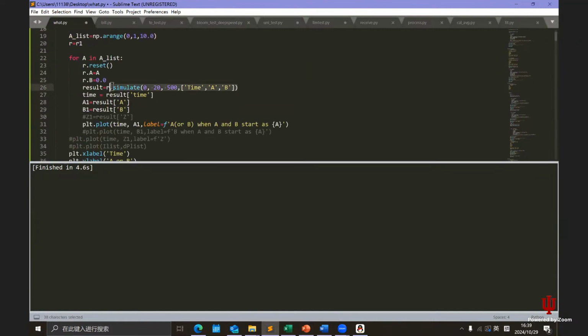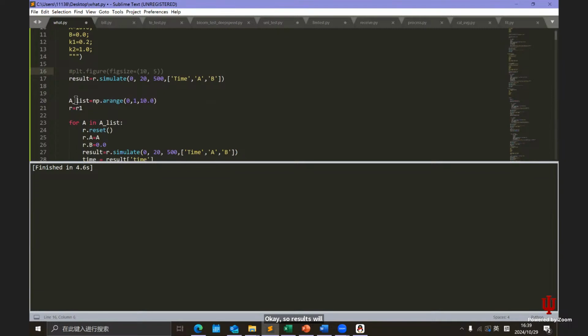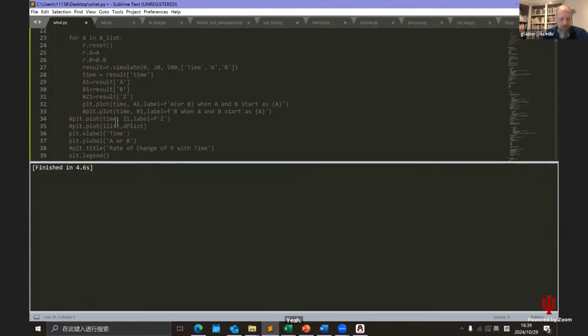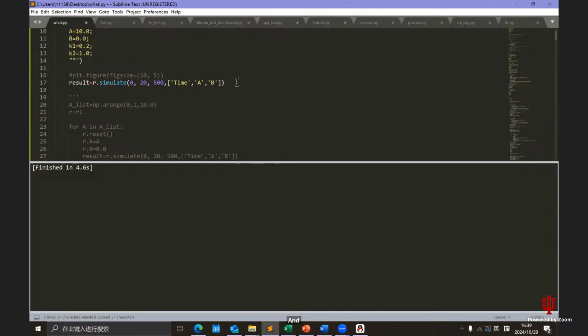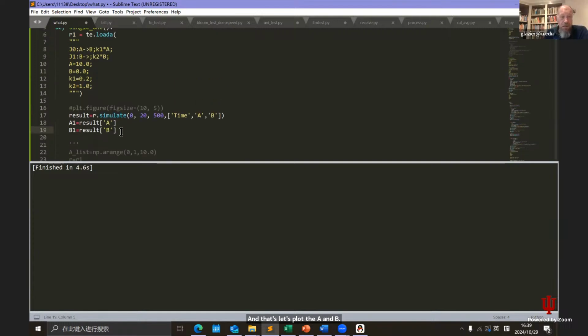Okay, so results. You don't need anything very fancy here, just plot. And let's plot the A and B. So you just do t dot plot, that'll do it.